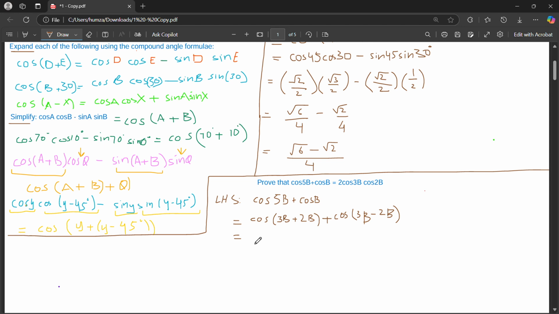So we can say this is equal to cos 3b cos 2b minus sin 3b sin 2b.